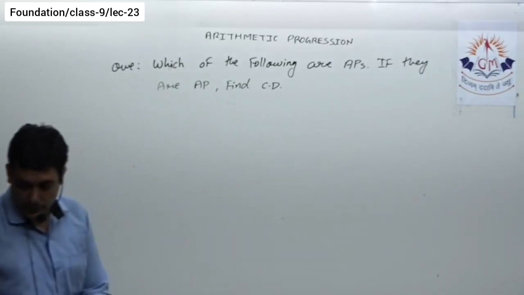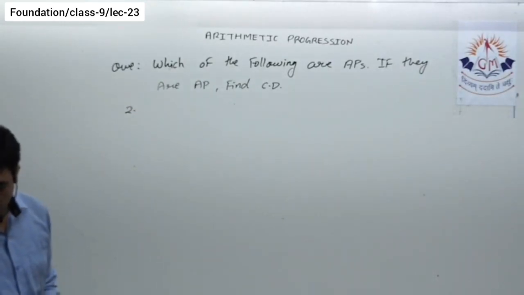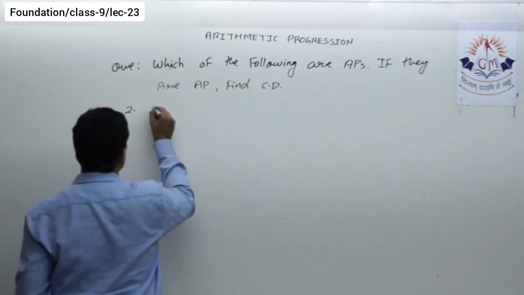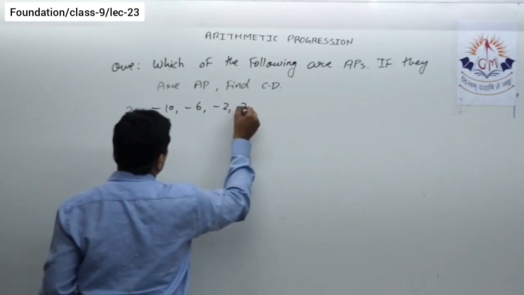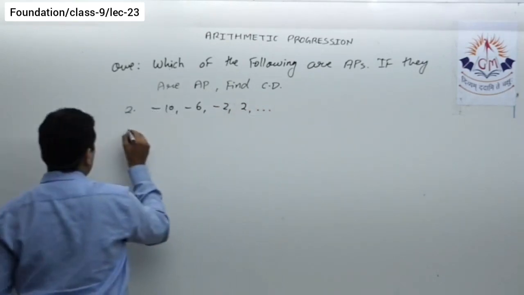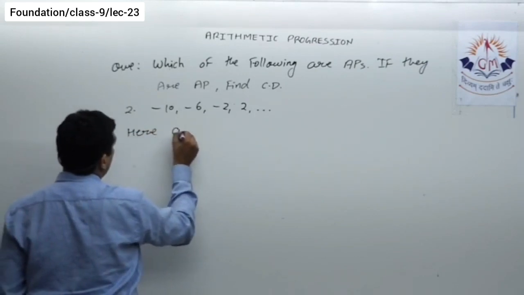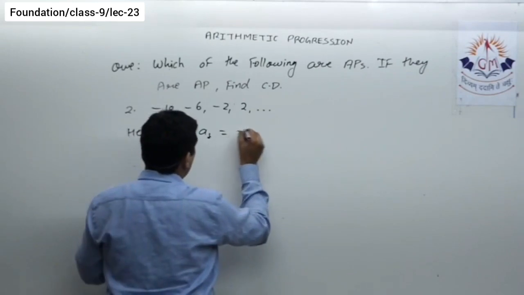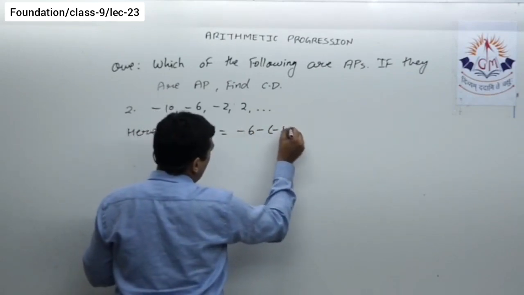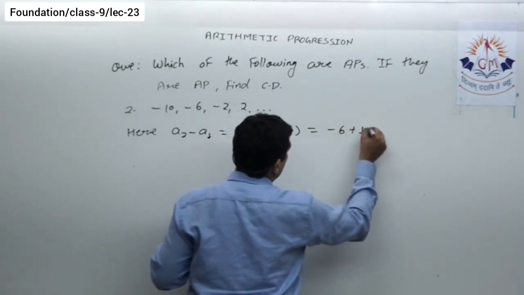Okay, so next, the second one is minus 10, minus 6, minus 2, 2. Okay, so here A2 minus A1 is minus 6 minus minus 10, that is minus 6 plus 10, that is 4.